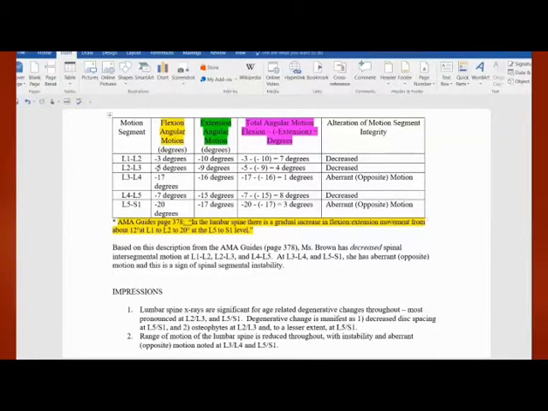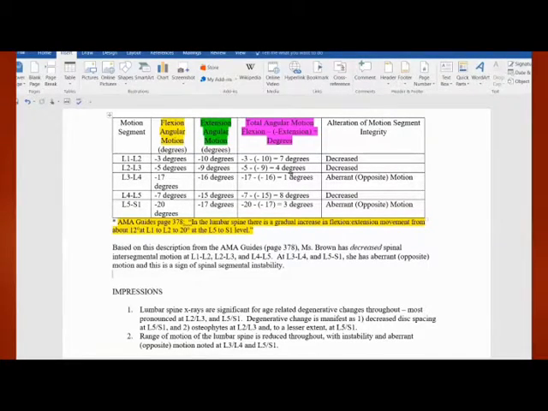Okay, same calculation for L2, L3. We have minus 5 flexion, minus 9 extension. That is a total angular motion of only 4 degrees, and that represents decreased angular motion. Now, based on this reference from the AMA Guides, a gradual increase from about 12 degrees beginning at L1, L2 tells us that at L2, L3 we should expect about 12, 13, 14 degrees of angular motion, somewhere between 12 and 20 with a gradual increase.